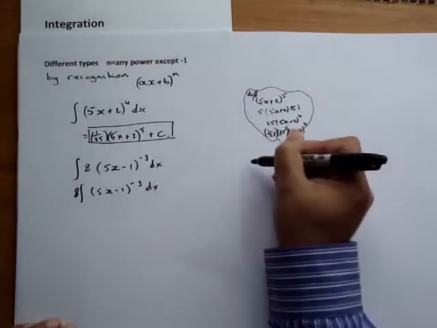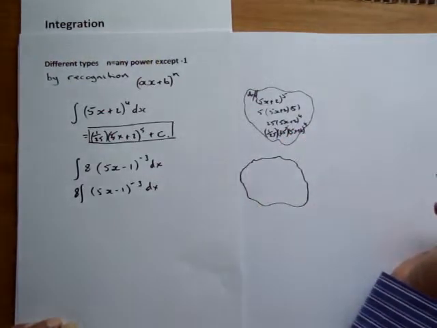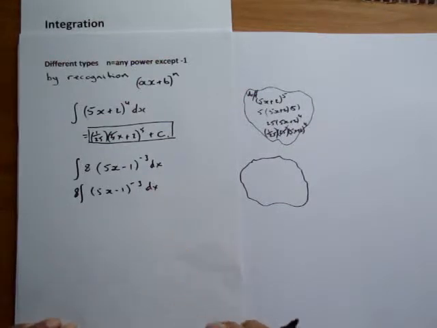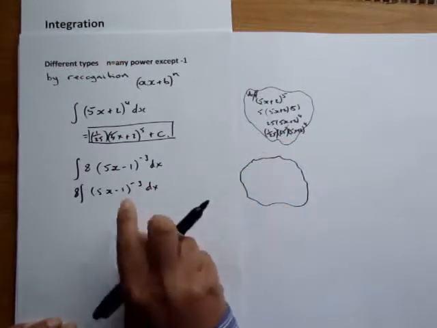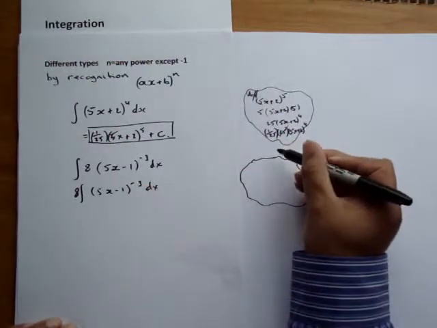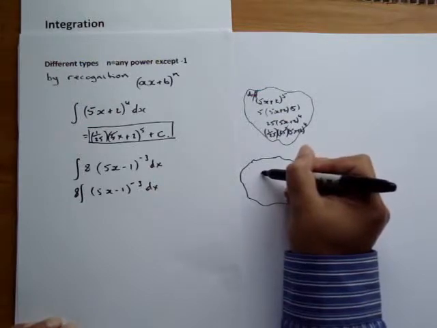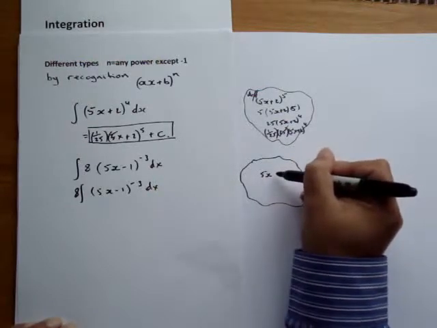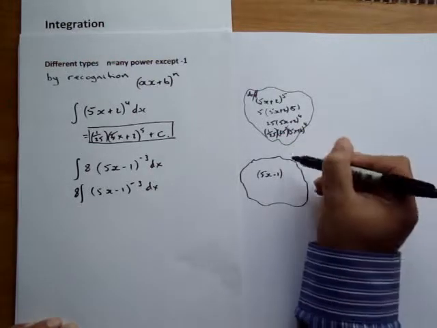So let's turn our thoughts back to the chain rule. What would we have to differentiate to get back to this original function? Well, we'd have to differentiate something like (5x - 1)^(-2).